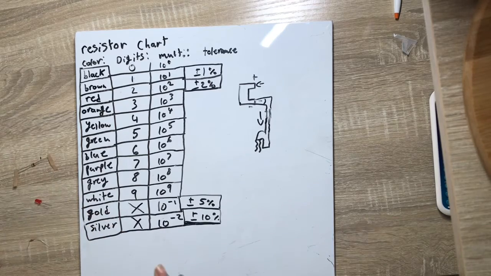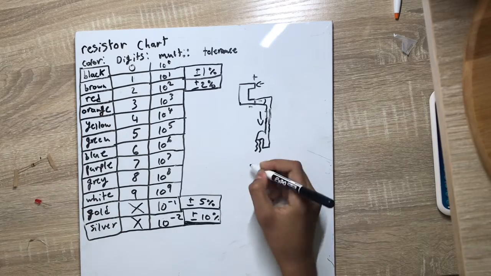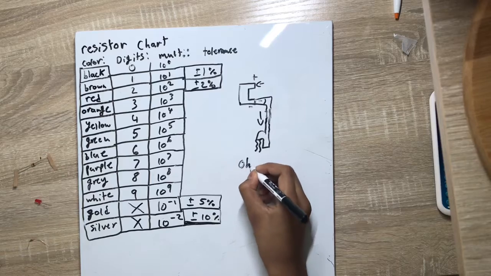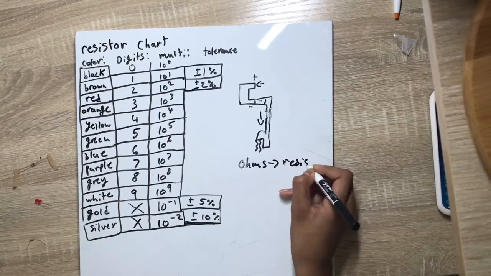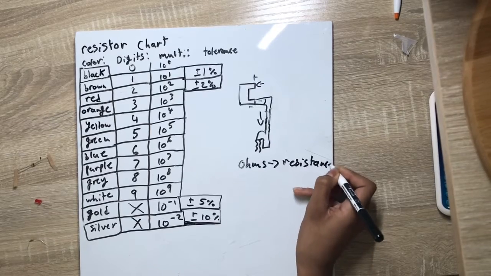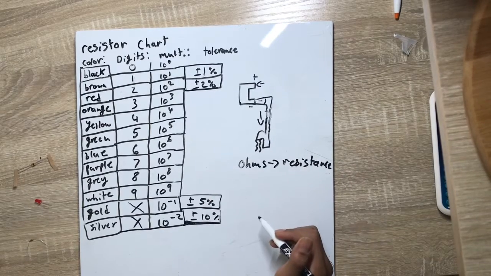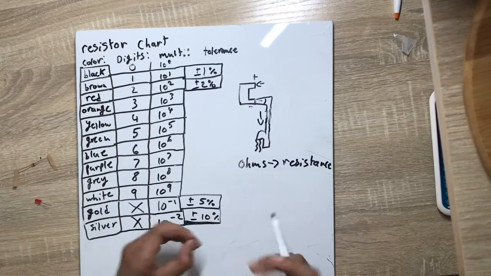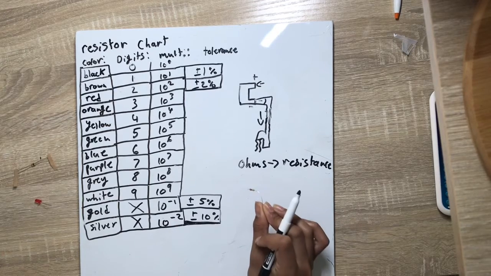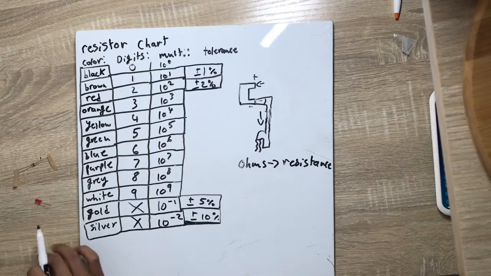Last time we learned what ohms are. Ohms is the amount of resistance that is being put on a flow of electricity. So in this case, we're going to try to find out how many ohms this resistor will resist.